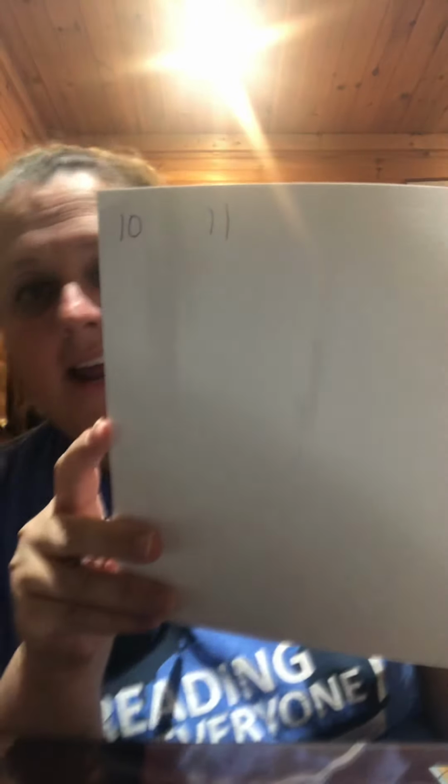All right, so let's talk about the number 10. Is 10 greater than, equal to, or less than 11? It's less than. So we would say 10 is less than 11, right?